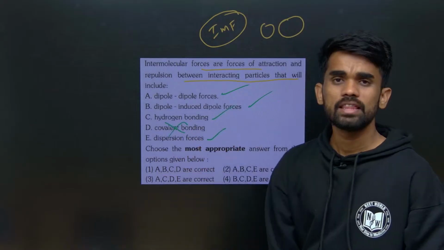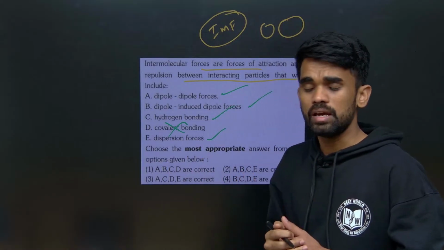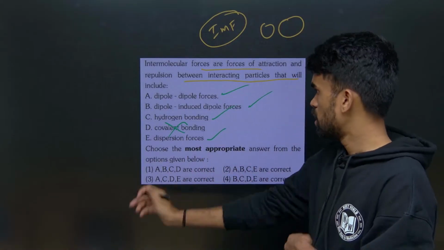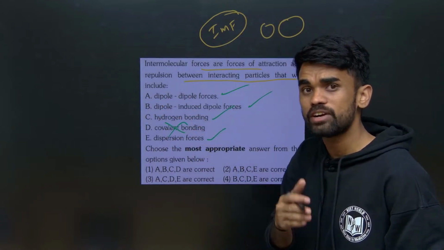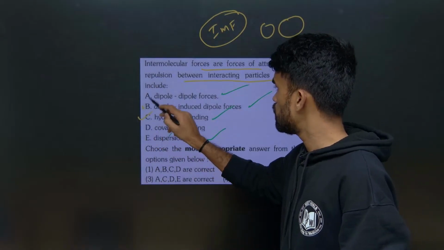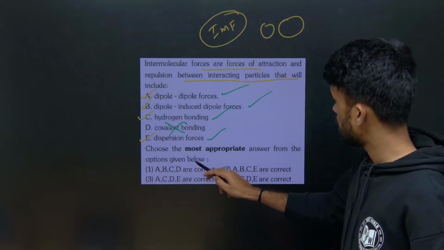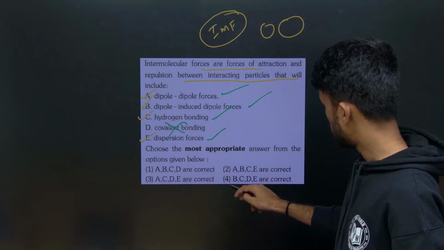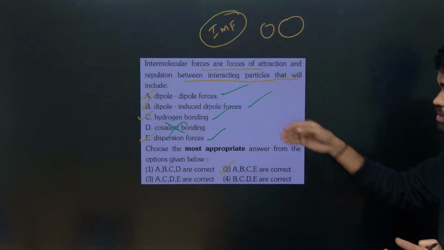A covalent bond is purely a bond formed by sharing of electrons, whereas hydrogen bonding is formed by electrostatic force of attraction, which is an intermolecular force. So A, B, C, E are the intermolecular forces, except D. So option number 2: except D, everything is an intermolecular force in the given options.